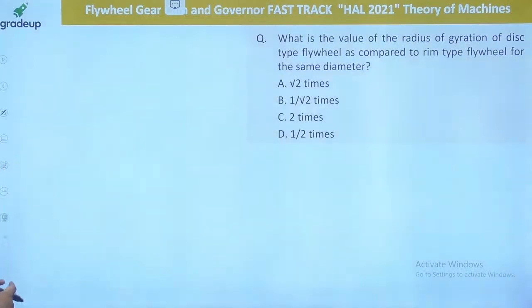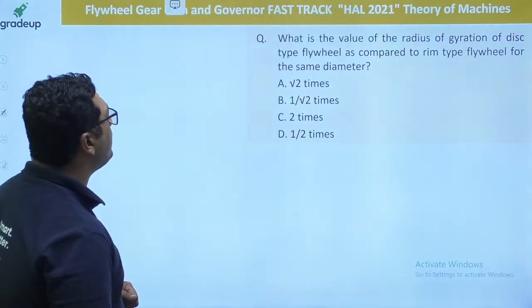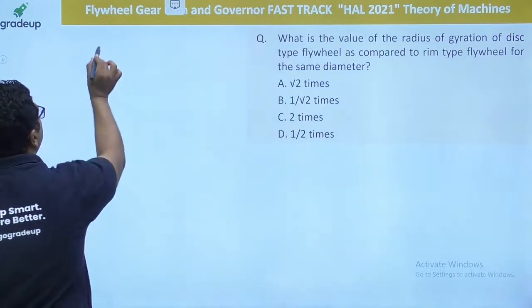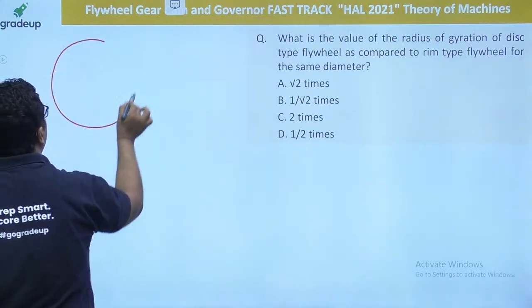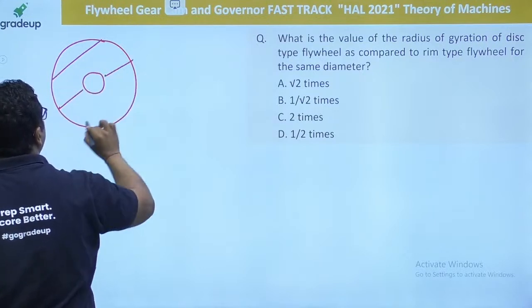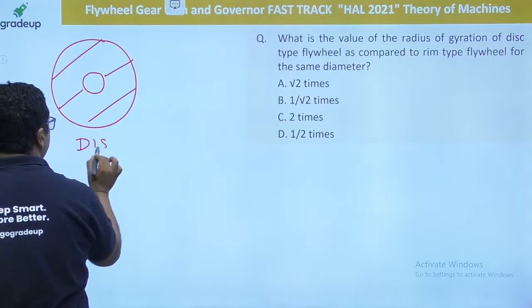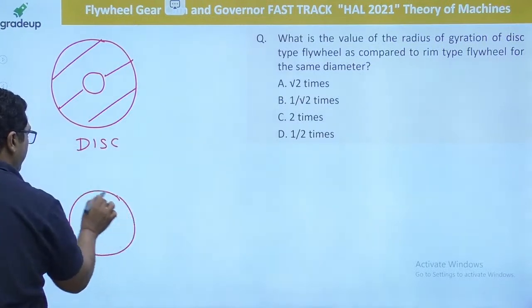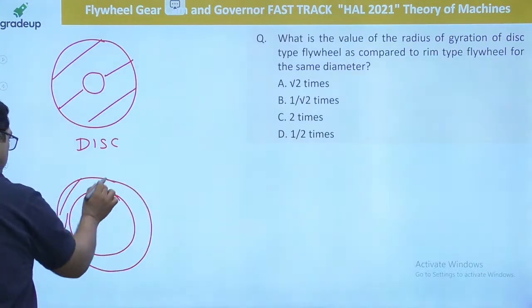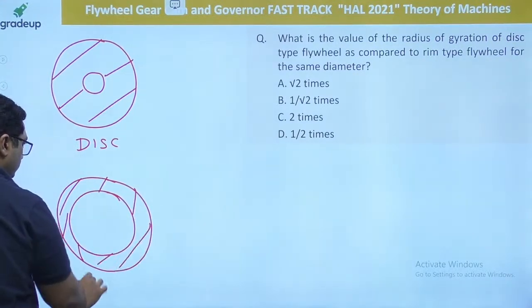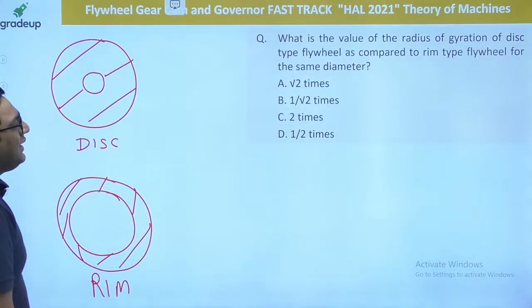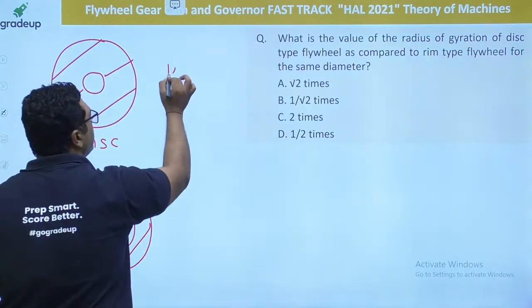What is the value of the radius of gyration of a disc type flywheel as compared to a rim type flywheel for the same diameter? If you have a disc type flywheel like this, and on the other side a rim type flywheel like this, they have the same diameter. They are asking about the radius of gyration.